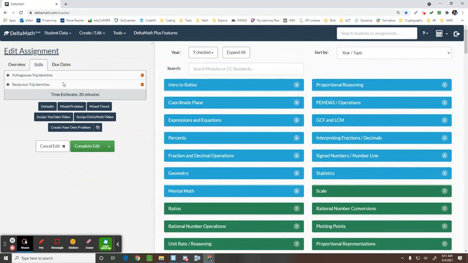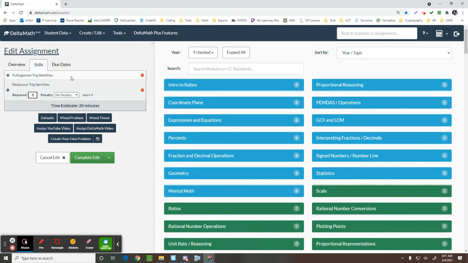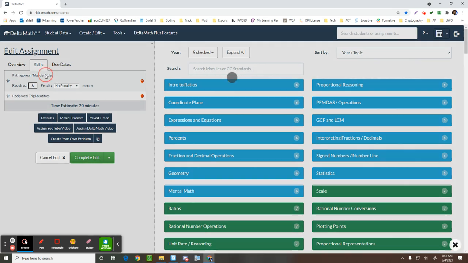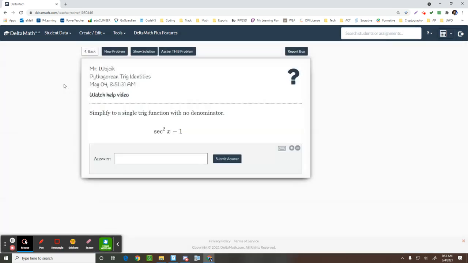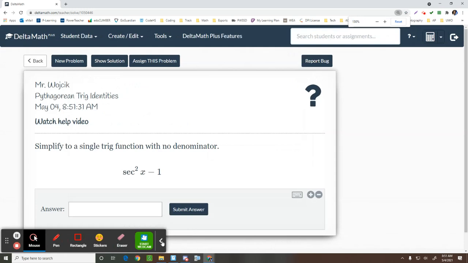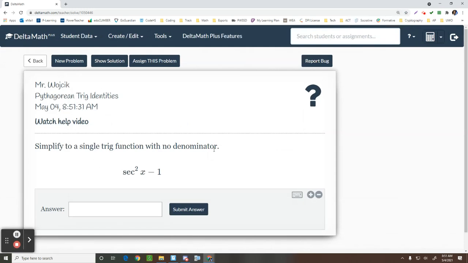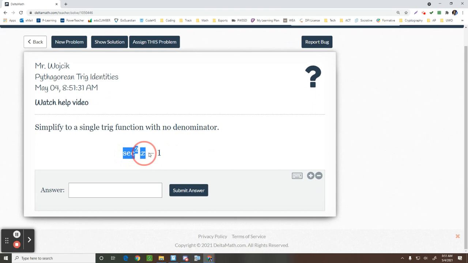So you're practicing just 2 of these identities. You have 8 questions in each, but they're very simple, very straightforward. Let's start with the Pythagorean. A single trig function with no denominator. Secant squared minus 1.